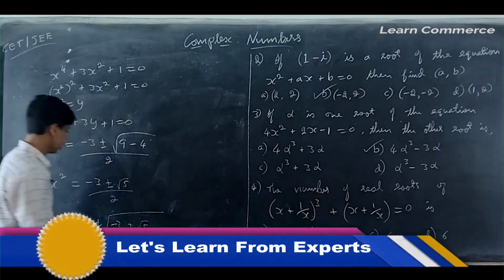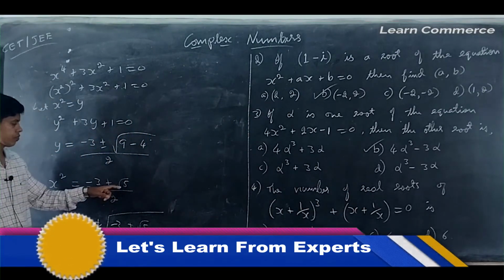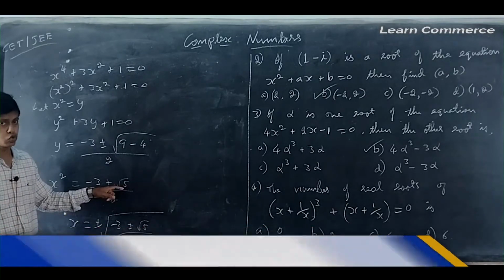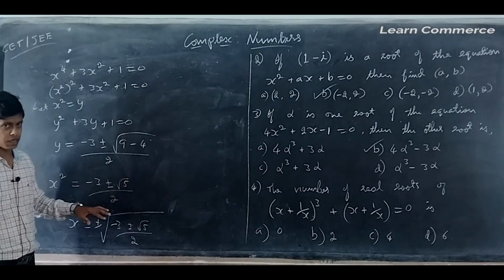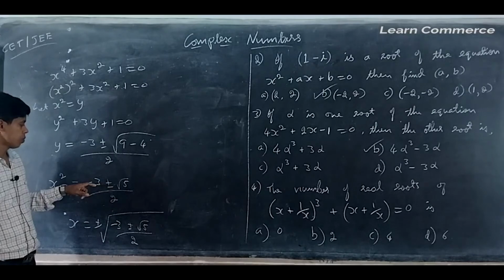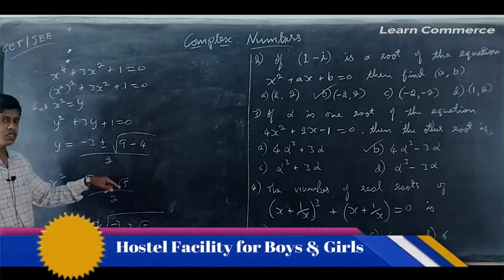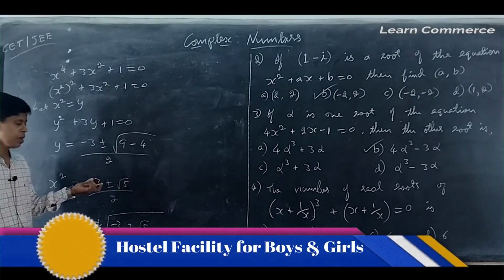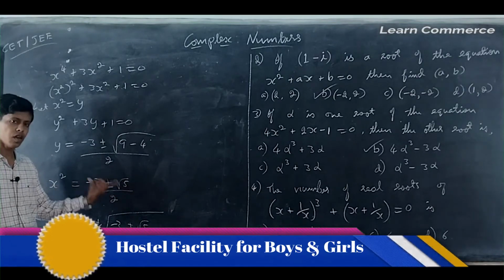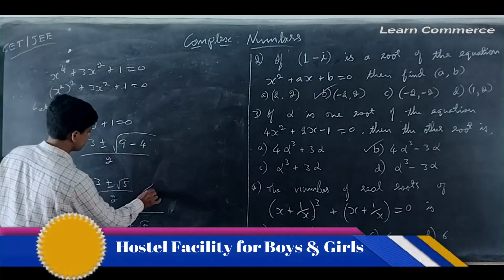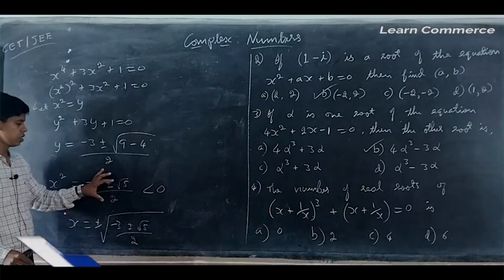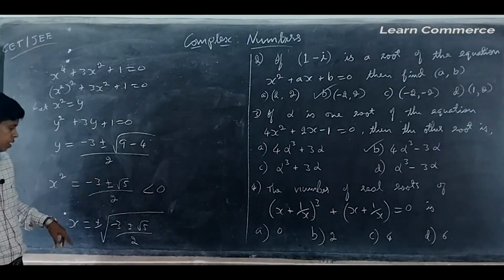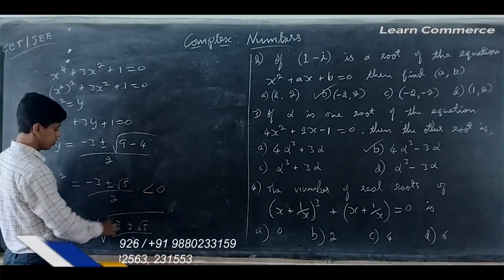Alright. So now tell me, is it positive or negative? Root 4 is 2. Root 5 is 2 point something, correct? So minus 3 plus 2 point something will be negative. Minus 3 minus 2 point something will also be negative. So in any case, whether plus or minus, this whole quantity will be negative. Now you have that same quantity within the root.